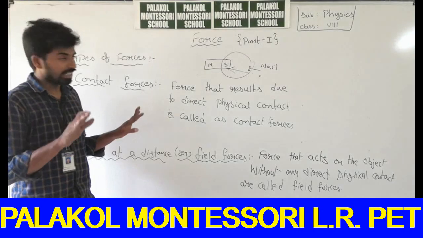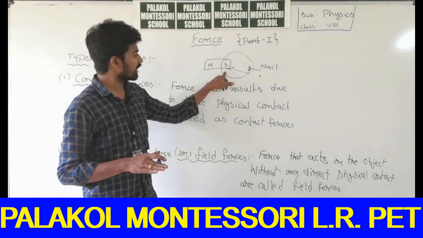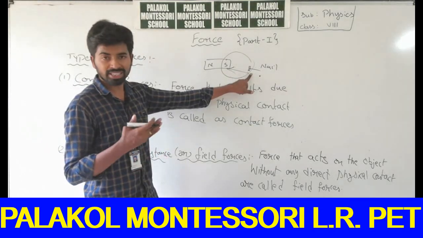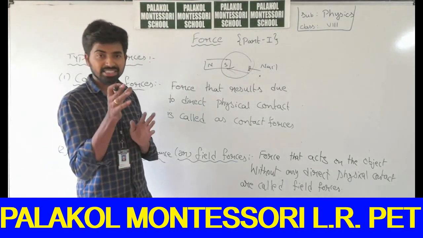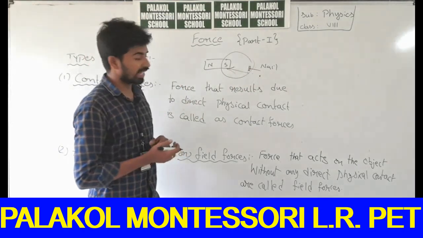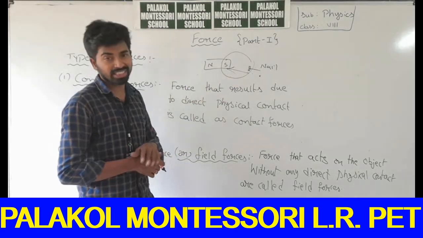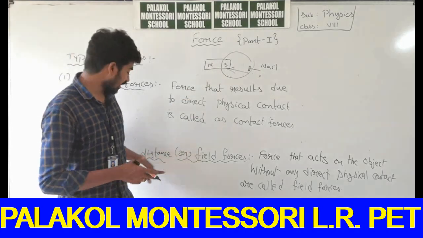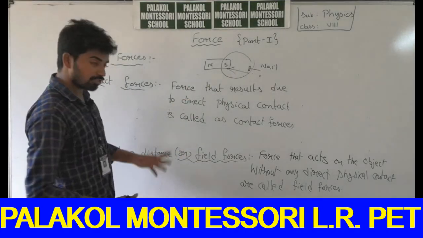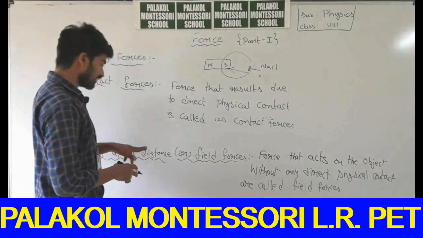Is the magnet attached to the nail before attracting it? No, but it is applying some force on the nail, even though there is a gap between the magnet and the nail. So, such types of forces are called field forces or forces at a distance.